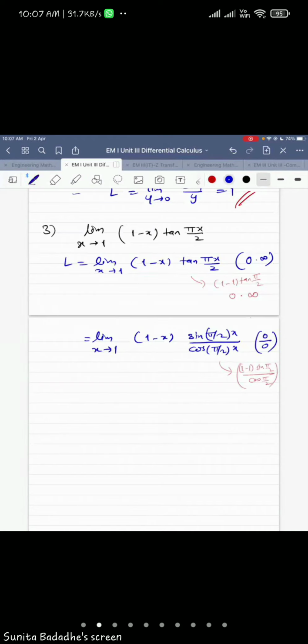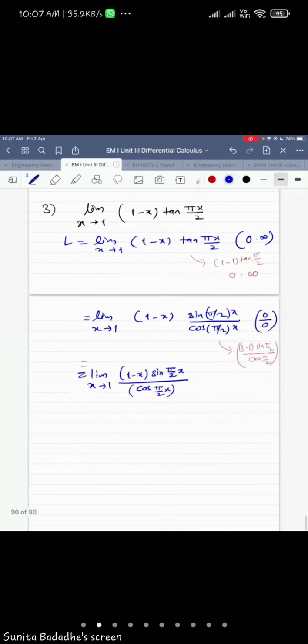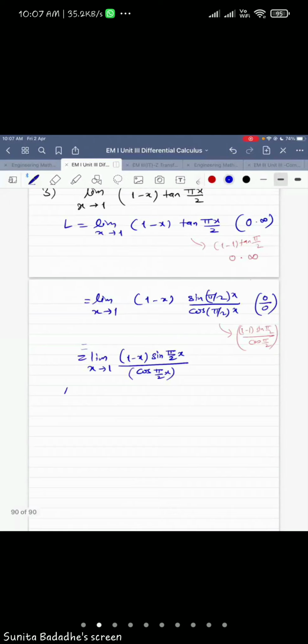So we are getting it in that form. Now I'll again rewrite it. I have 1 minus x into sine pi by 2x upon cos pi by 2x. Okay. So now here you have to apply LHR. Apply the LHR. So what does it give?